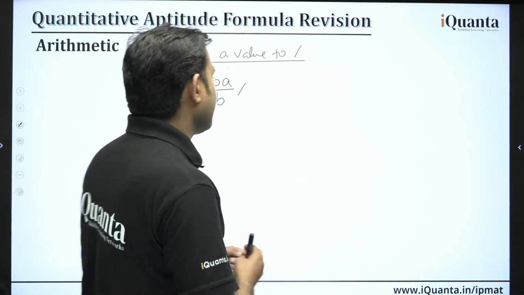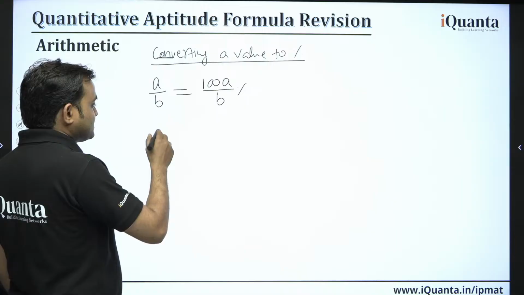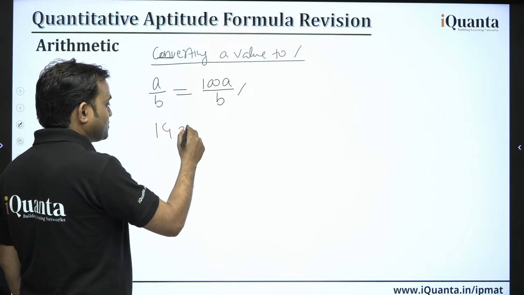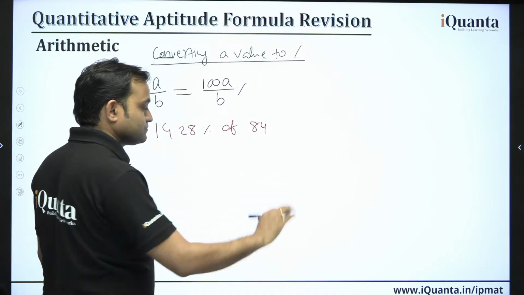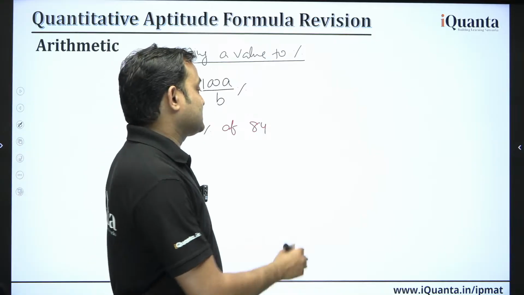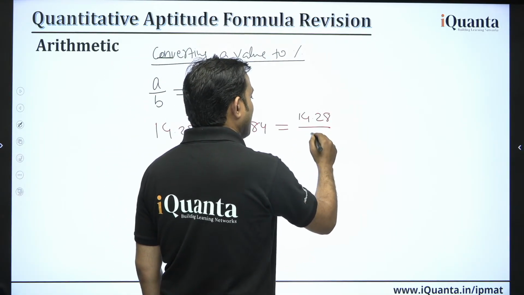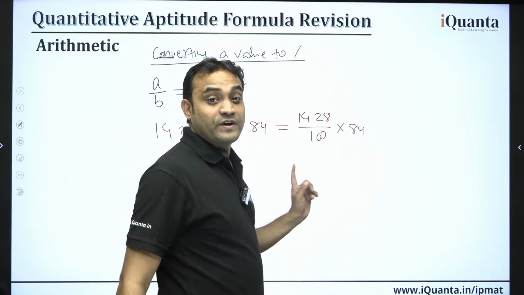Let us say if I ask you what is 14.28% of 84. If you directly use this as 14.28 upon 100 into 84, this could be very calculative, right?